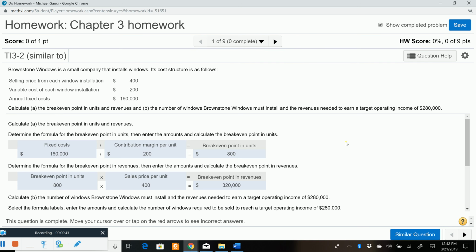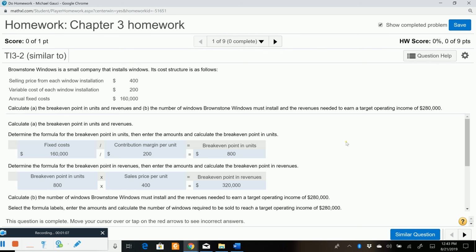profit points. And so the first homework question, we are actually going to figure out the break-even points in units as well as revenues. So what was given to us is the selling price. We do window installations. So the selling price for each of our installations is $400. Our variable cost per installation is $200.